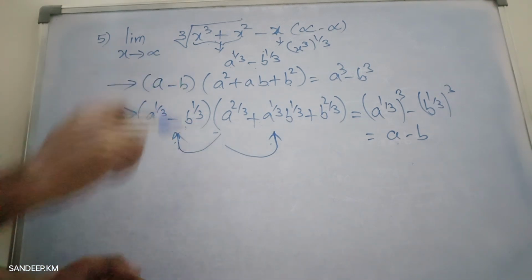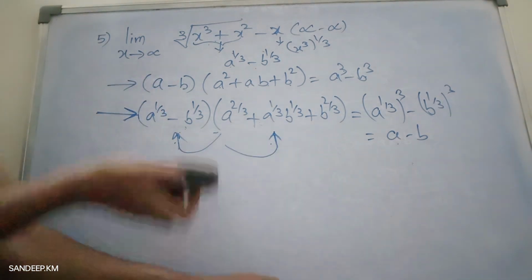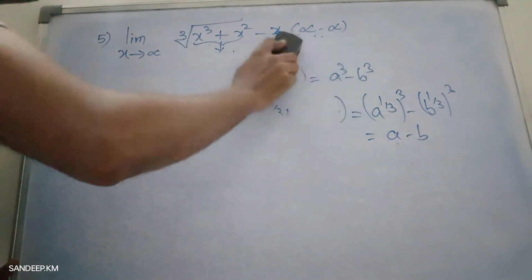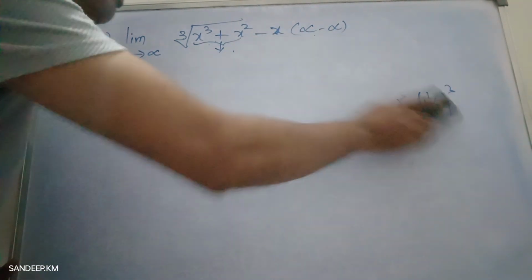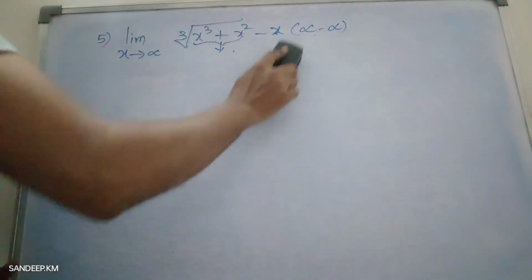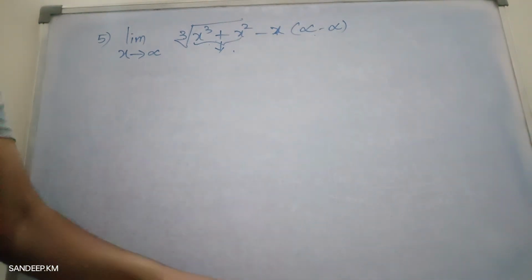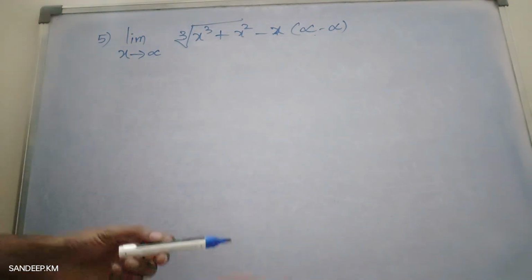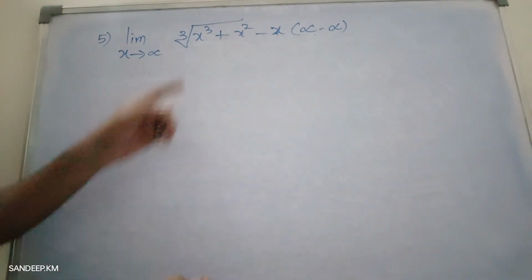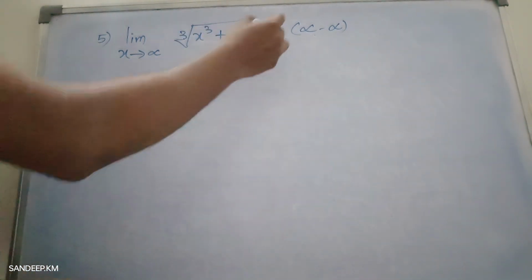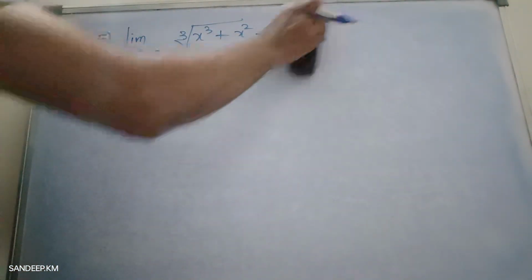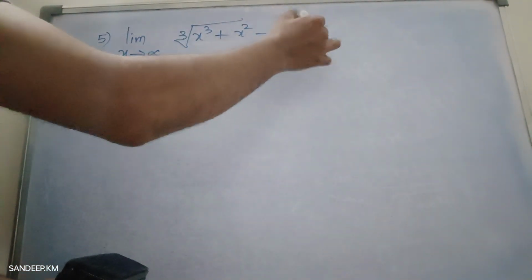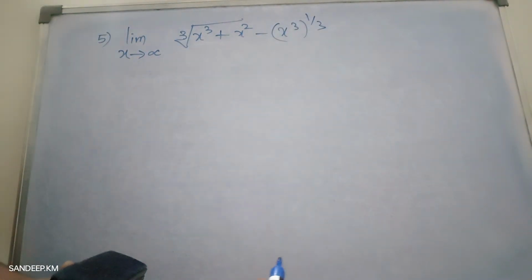Now let us come back to the question. For the question to look simple, let me rewrite it. So what is it? Cube root of x cube plus x square minus x is there. Instead of x, I will write x cube power 1 by 3.